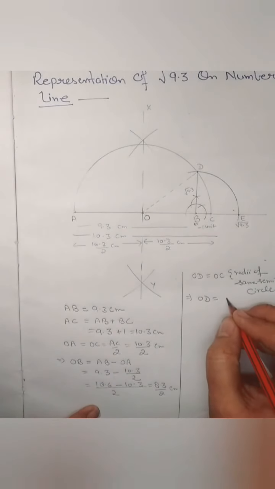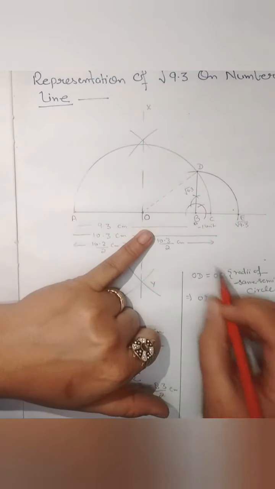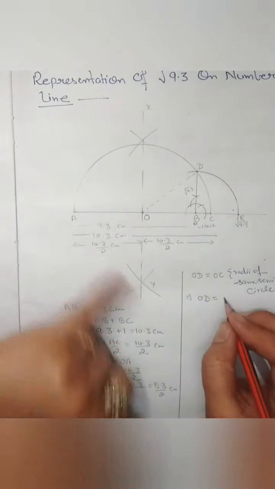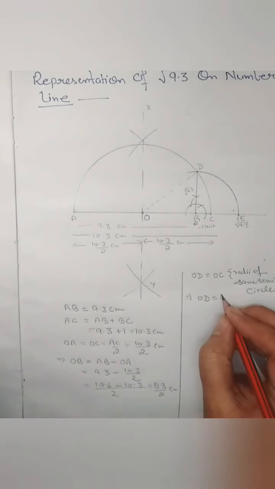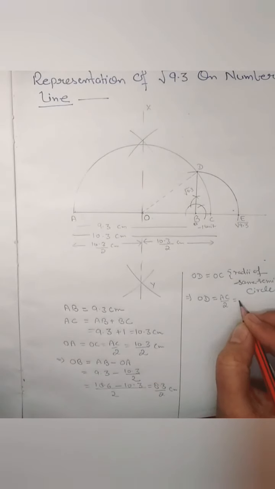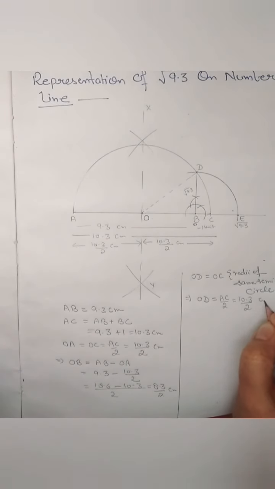OD is equal to OC, and OC is equal to half of AC, that is 10.3 upon 2. This is the value of OD.